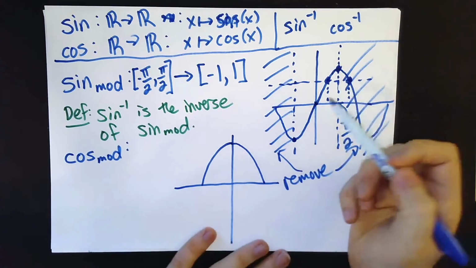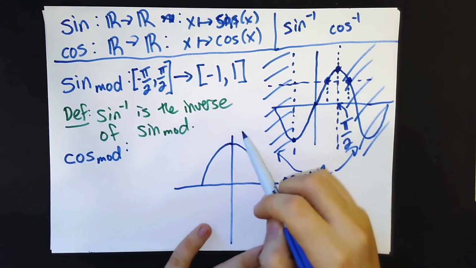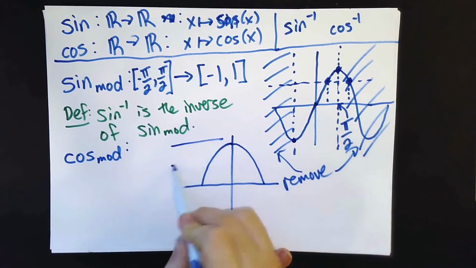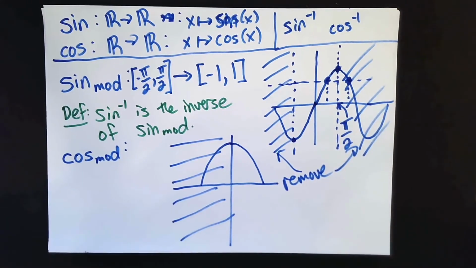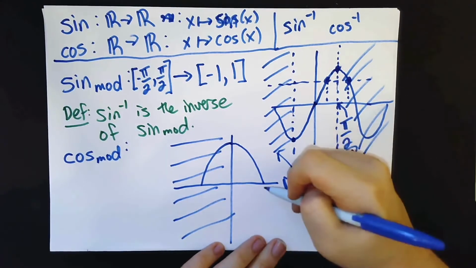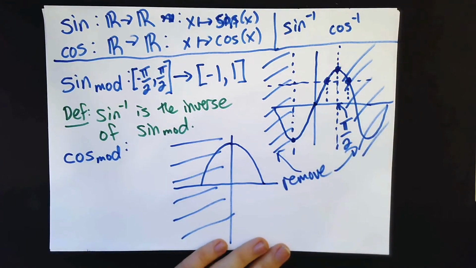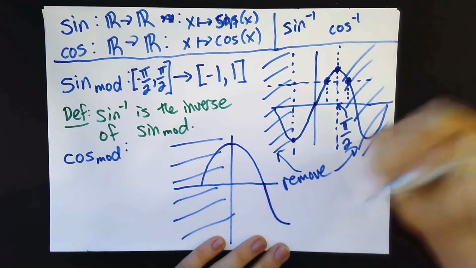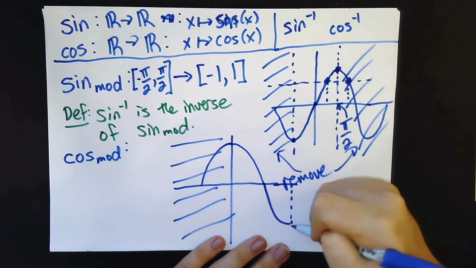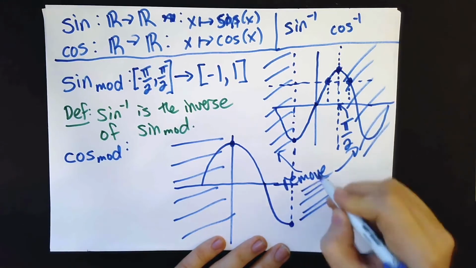And so when I look at the graph of cosine, I immediately have to remove all of the negative inputs. But I can't stop at pi/2 because remember, I haven't yet gotten the negative outputs. And so I have to continue downward until I get to here. And then I can remove the rest of it.